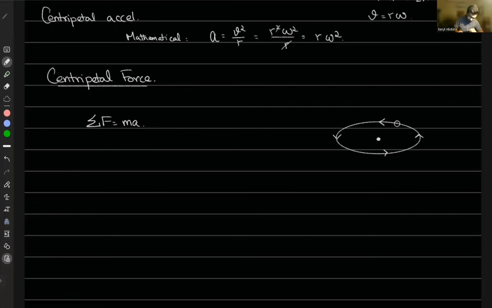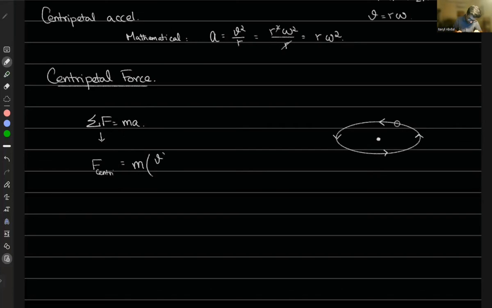So this means that I can use this expression and call this thing the resultant force, some centripetal force, right? Which is equal to m times a. Now, this can be a centripetal force only if the acceleration vector is the centripetal acceleration, as you can see over here. So this means that in place of a, I'm going to substitute the centripetal acceleration, and I get, well, we have two forms of this.